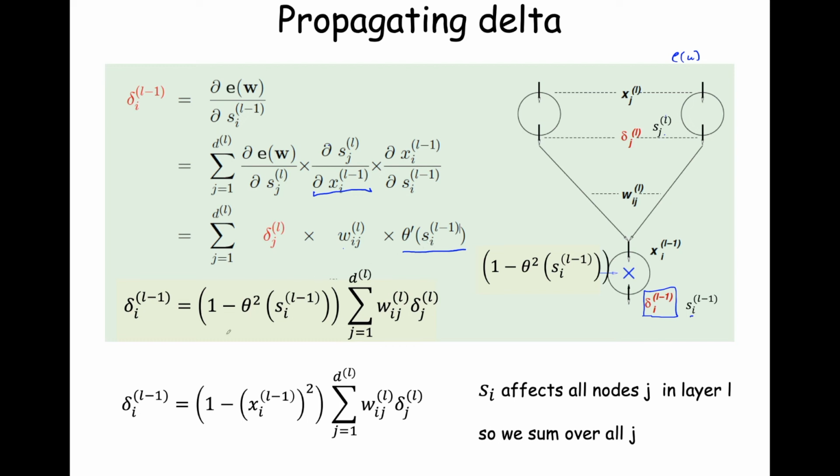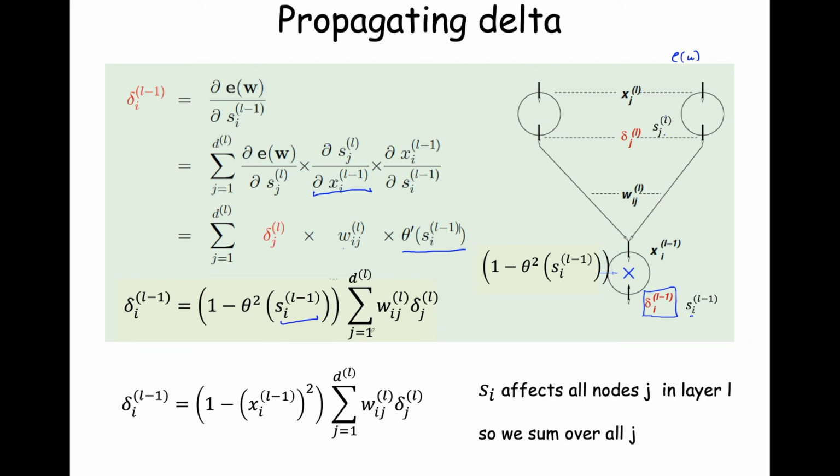So we're going to write 1 minus our nonlinearity tanh squared of si superscript L minus 1. Now, of course, that does not involve j anywhere, so it's a constant. We can pull it out of the summation. And so we have our 1 minus tanh squared of the score node I, layer L minus 1.